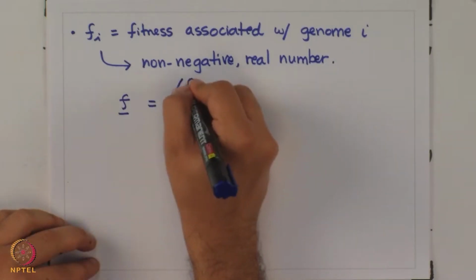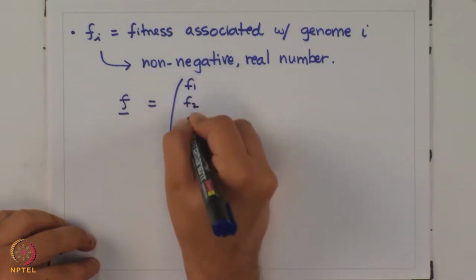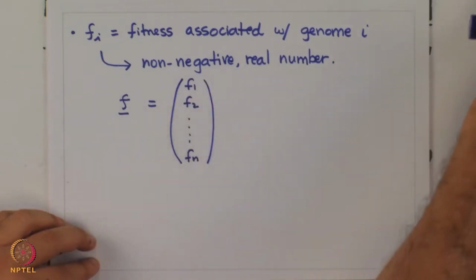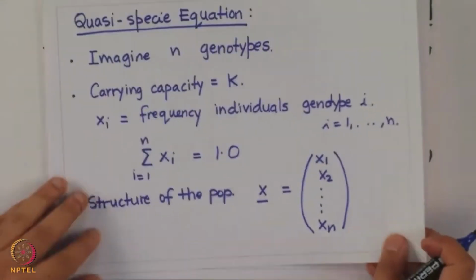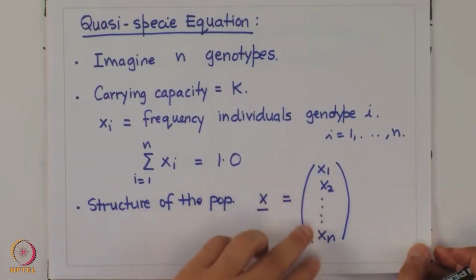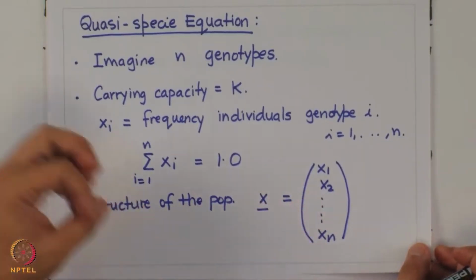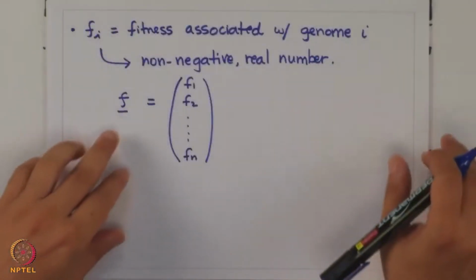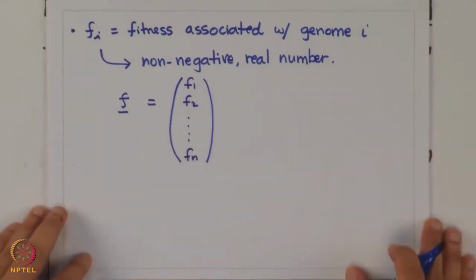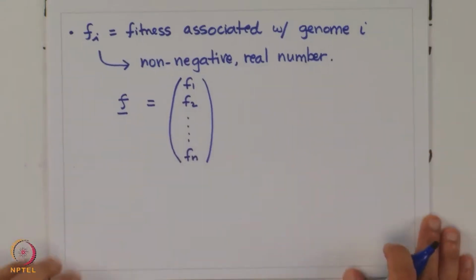So, this is f1, f2 going all the way up to fn. We have the structure of the population given by a vector x which defines the fraction of individuals belonging to each particular genotype, and a vector f which defines the fitness corresponding to each one of those genotypes that exist in the environment.